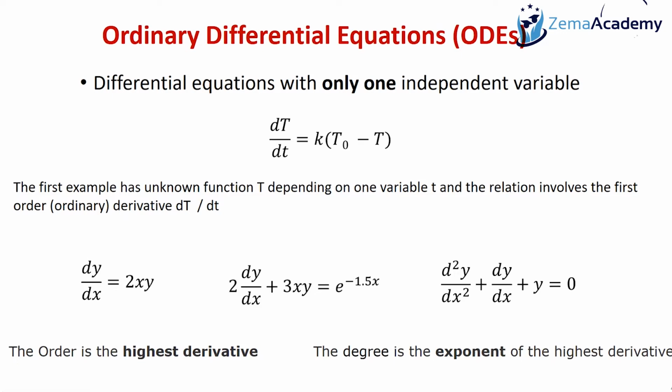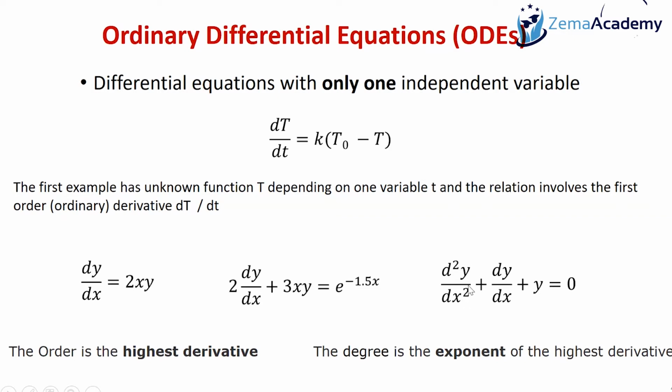Compared to this, there is another term which you are already aware of, that is degree. The degree is the exponent of the highest derivative. So you need to look at, for example, this dx square. The exponent here is this square. Over here it is order, and over here it is exponent.